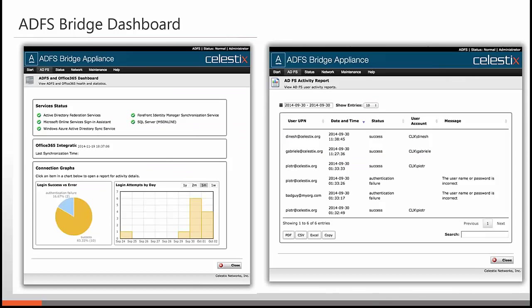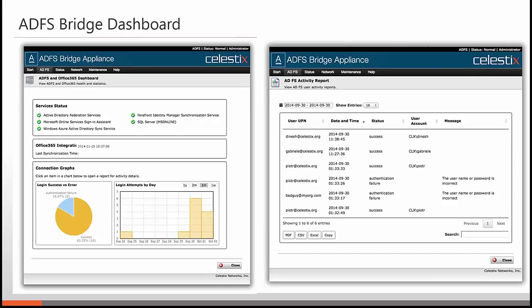So we talked a little bit about federation, and some of the problems and challenges. And I mentioned how we can extract some of this data. What we see here are two views of our management console, what we call our common management console. On the left is a very quick dashboard of what's going on with the services. Are all those services started correctly? Office 365 integration: when was the last time we synchronized?